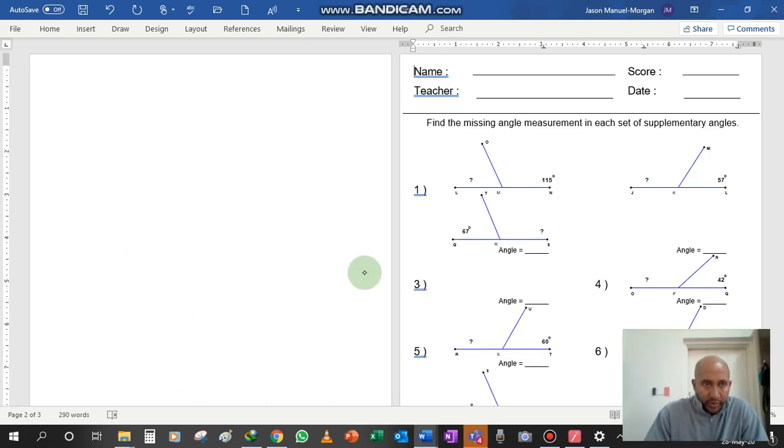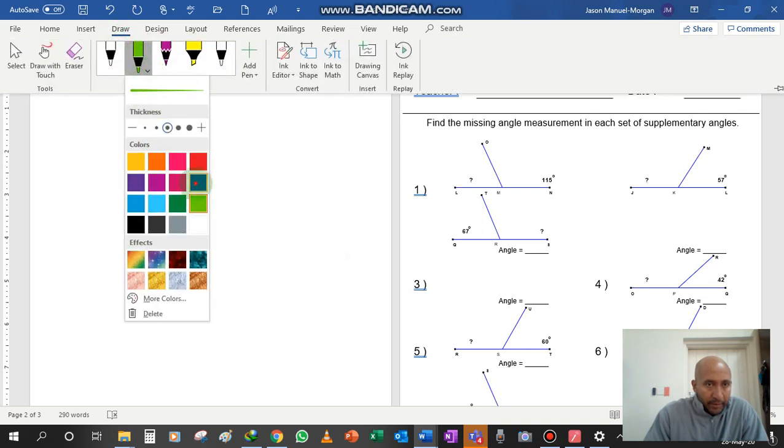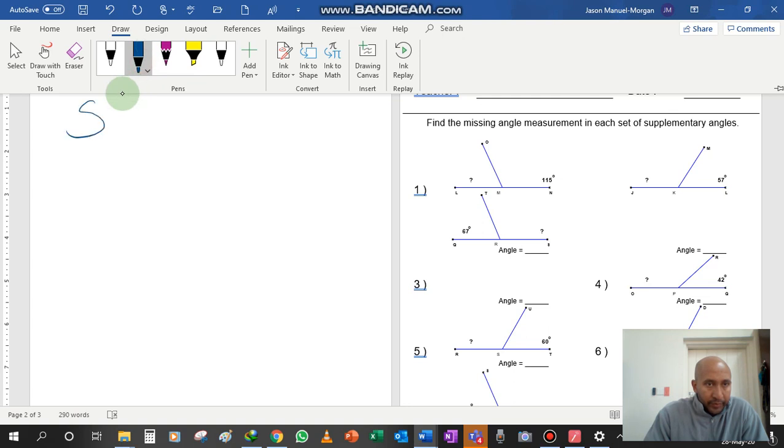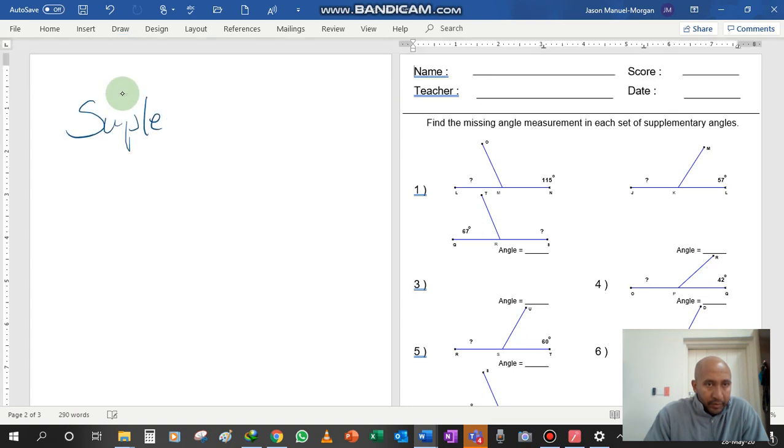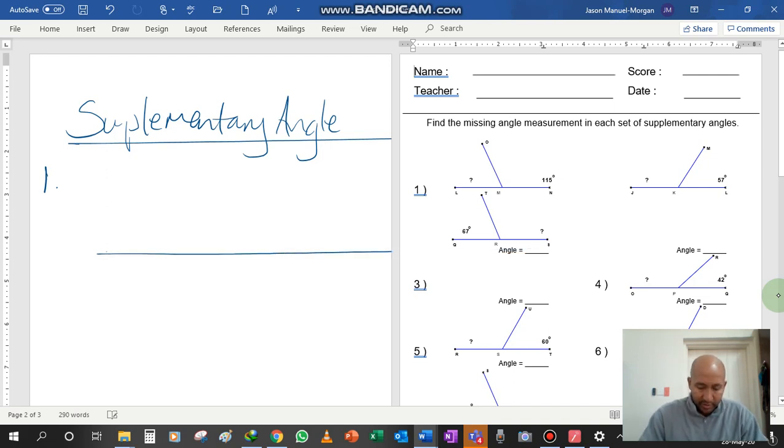Now here we're going to be looking at examples of supplementary angles. And the calculation of them, as you would have learned in the lesson earlier on, is not much different. It's a simple subtraction sum again. Let's look at, again, example number 1. You have got your angle, which is a straight line angle. It's 180 degrees.